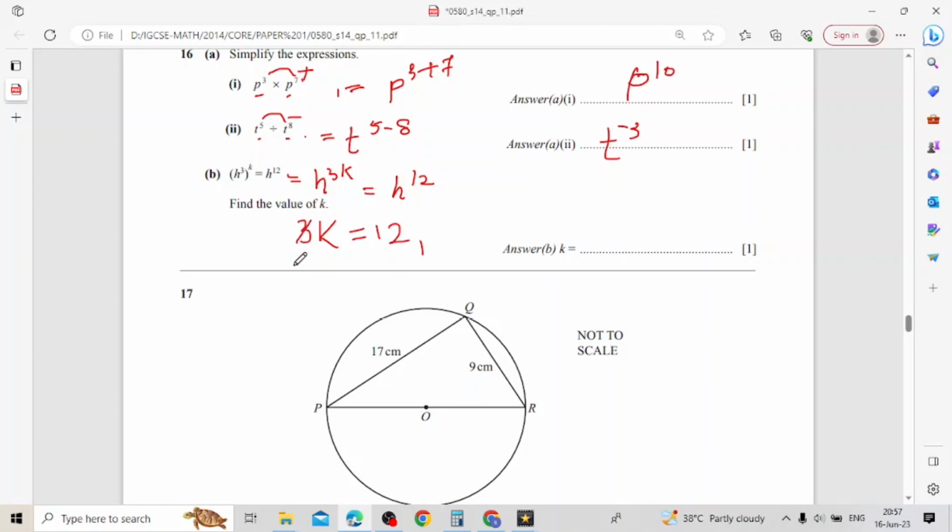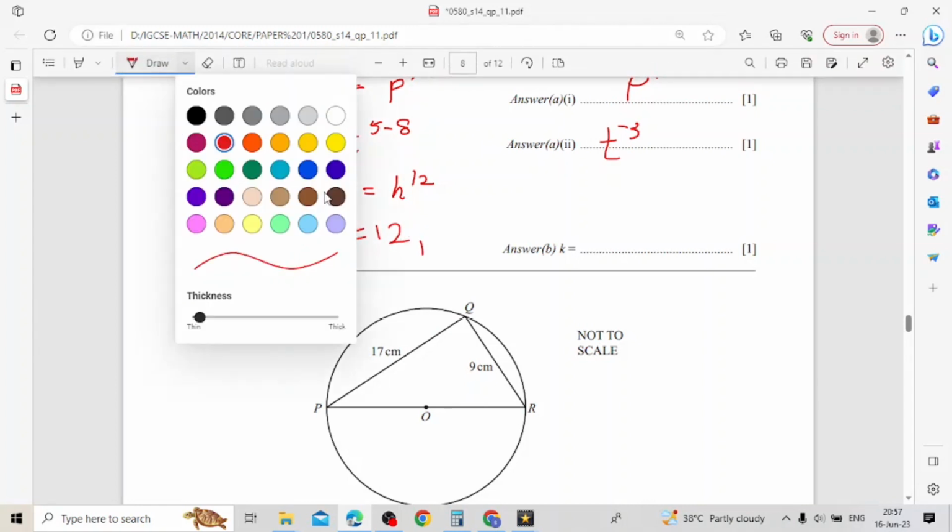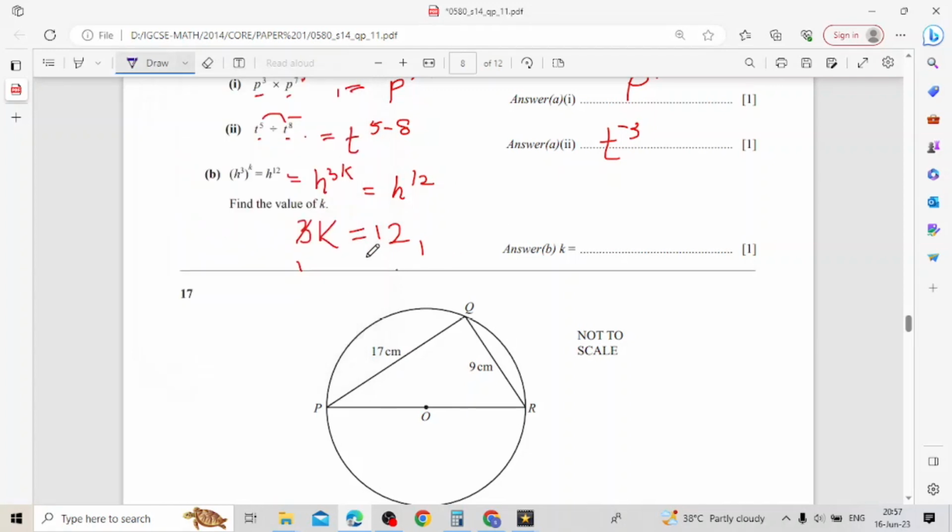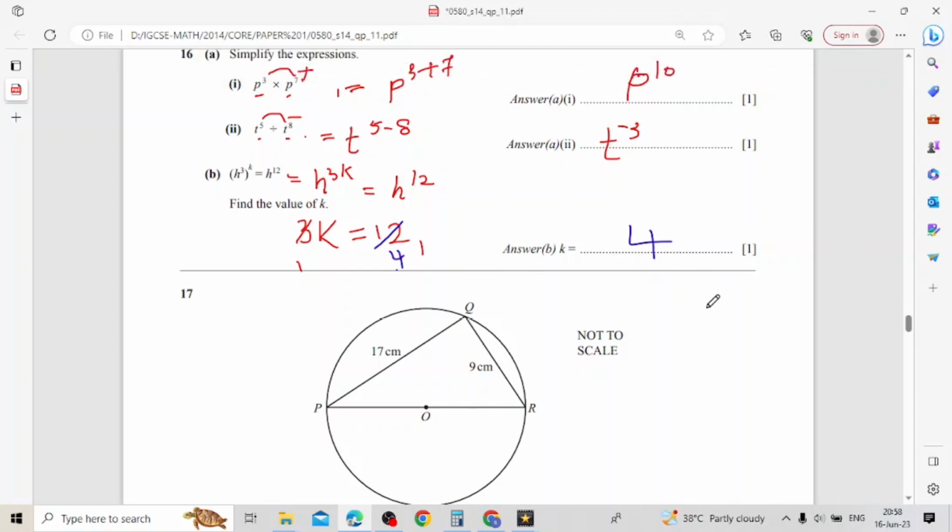If I take 3, I divide 12 by 3. Okay, I'm dividing 12 by 3. 3 times 1 and 3 times 4 is 12. So K is equal to 4. Here it is, 4. Perfect.